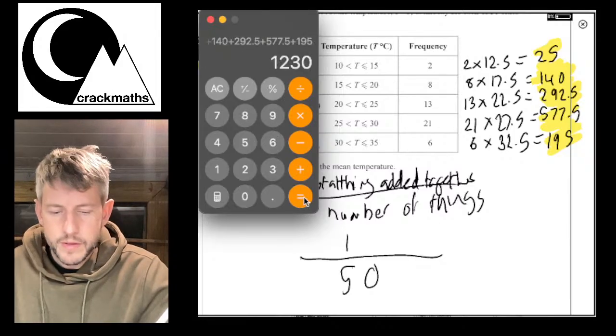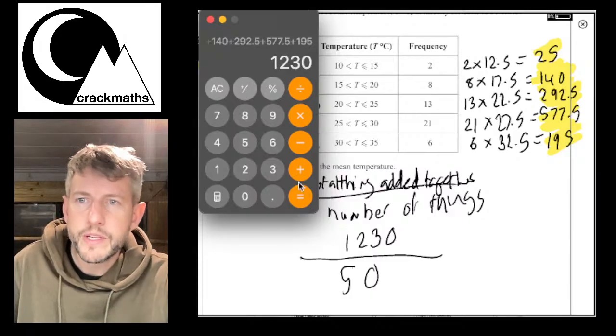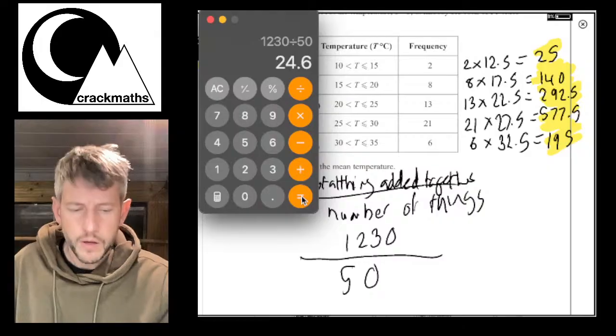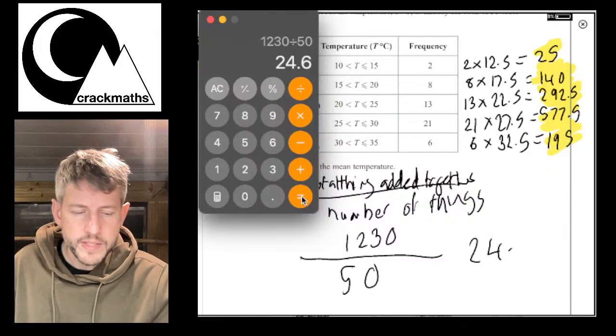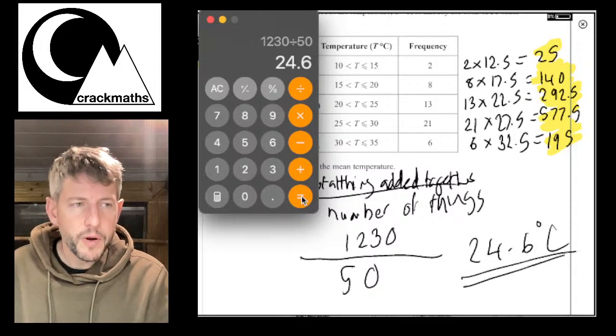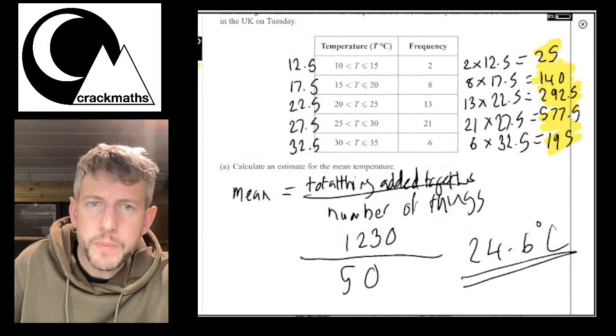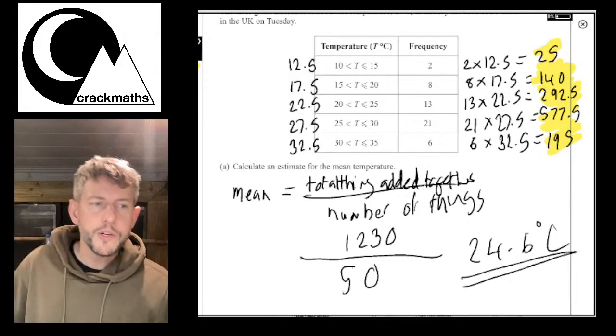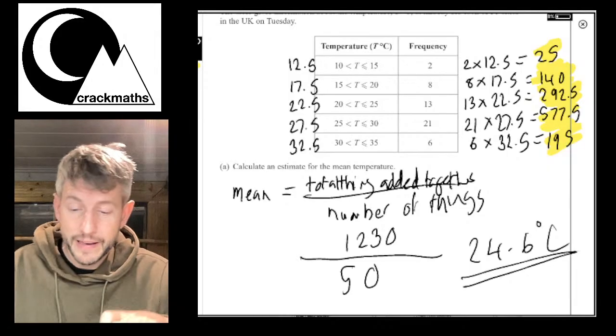There we go, 1230. And then if we do that divided by 50, that's 24.6 degrees C. And that is our estimate of the mean. And that actually makes a lot of sense because that is roughly in the middle of all of these values. So your mean should make sense once you've calculated it.